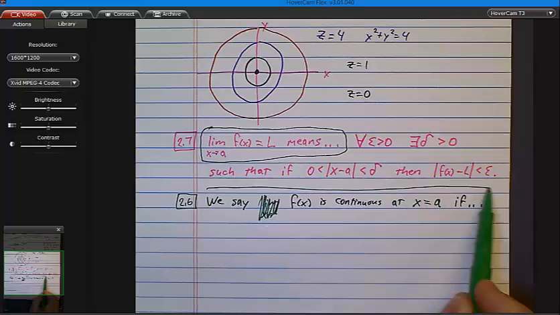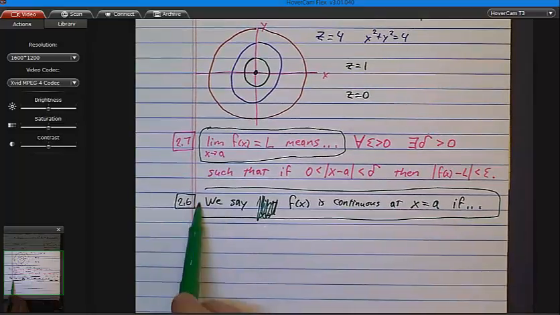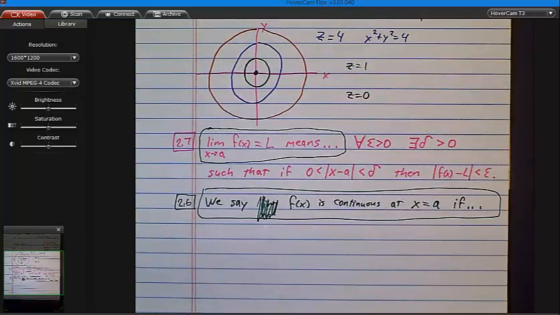And this is also a test question for my students. I want them to know what it means to be continuous.